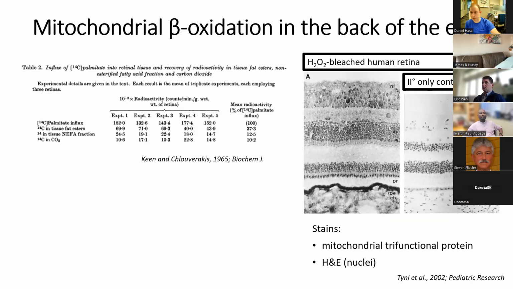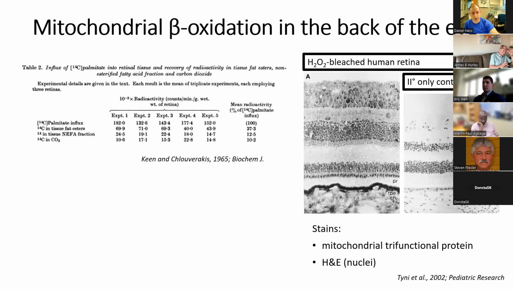And there's some evidence that they certainly can be oxidized in the retina and in the RPE. The oldest paper I could find is this Keene paper from 1965. They used radioactive 14C palmitate. They provided it to ex vivo rat retinas.